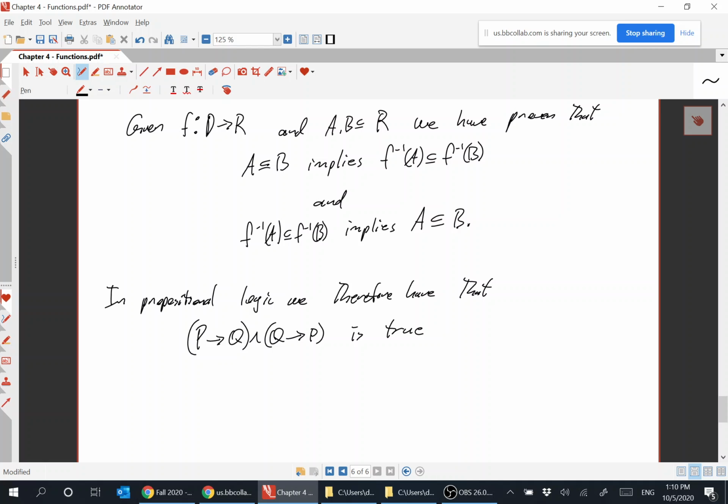Which means what? What's the more compact propositional logic statement? The double implication.